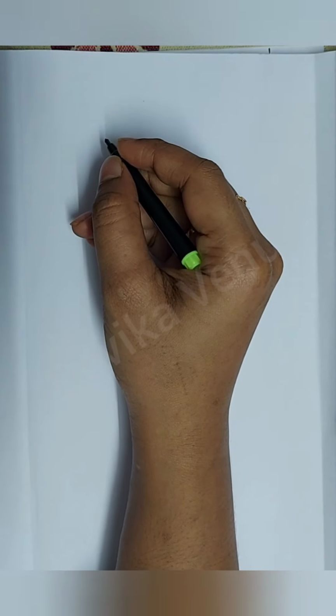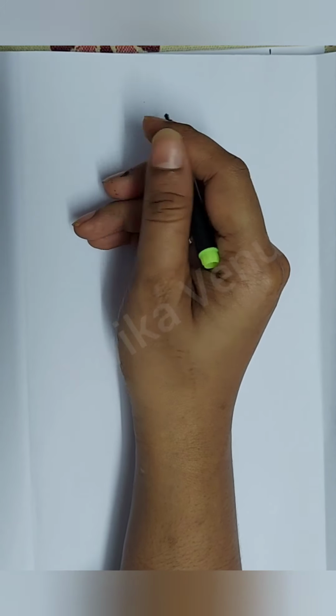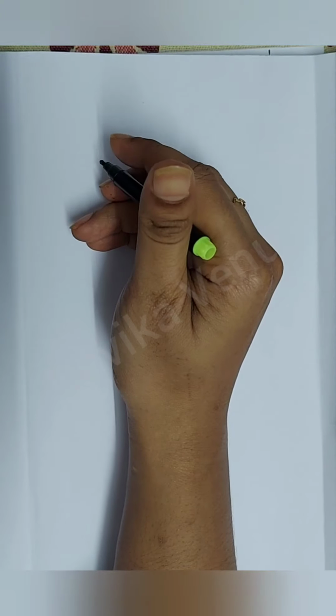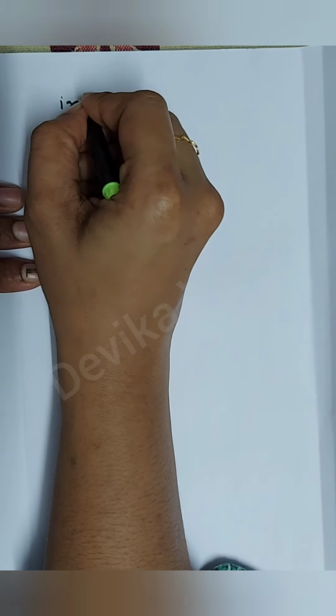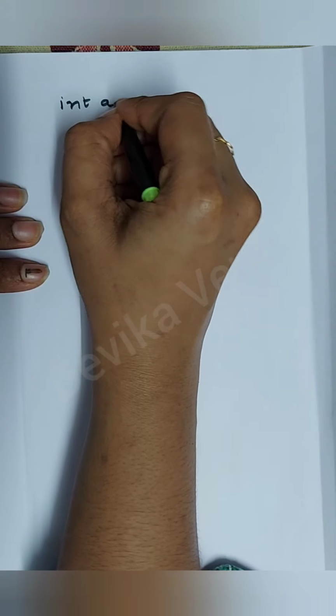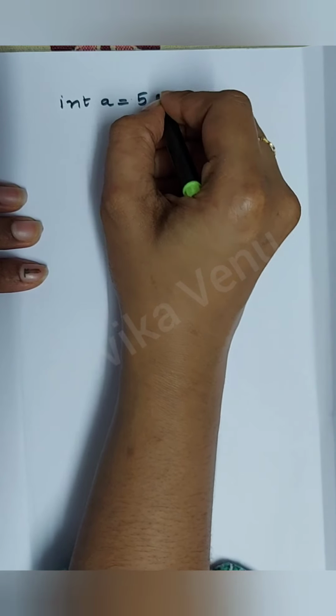So we have gone through the first three types of tokens, and for the next two types I will again take one line from a program, and again let it be int a is equal to 5.